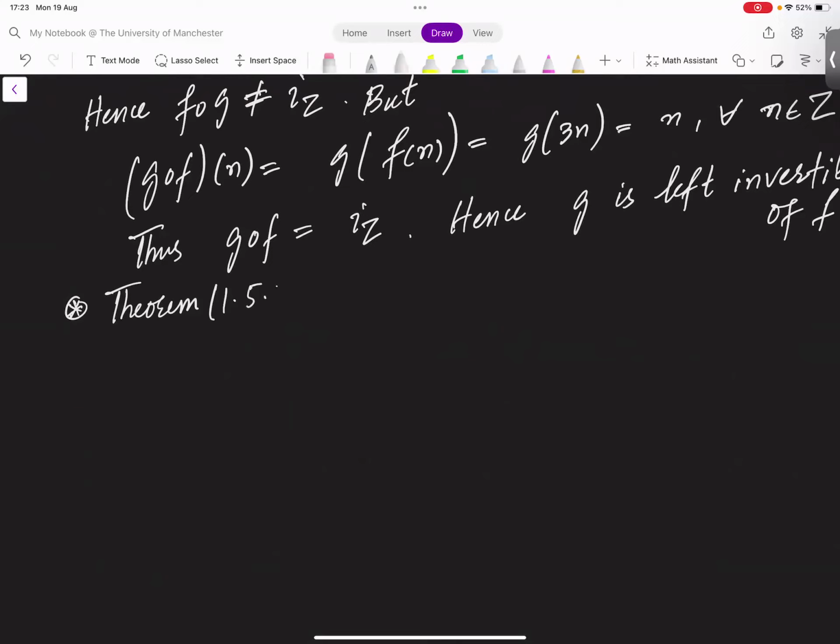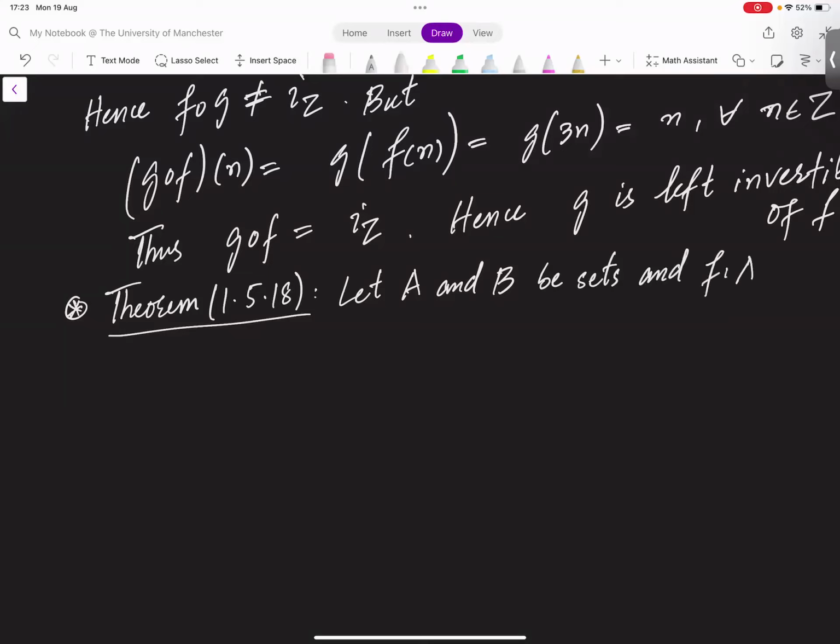Theorem 1.5.18 says that let A and B be two sets, and if f from A into B is a function, then the following assertions hold.